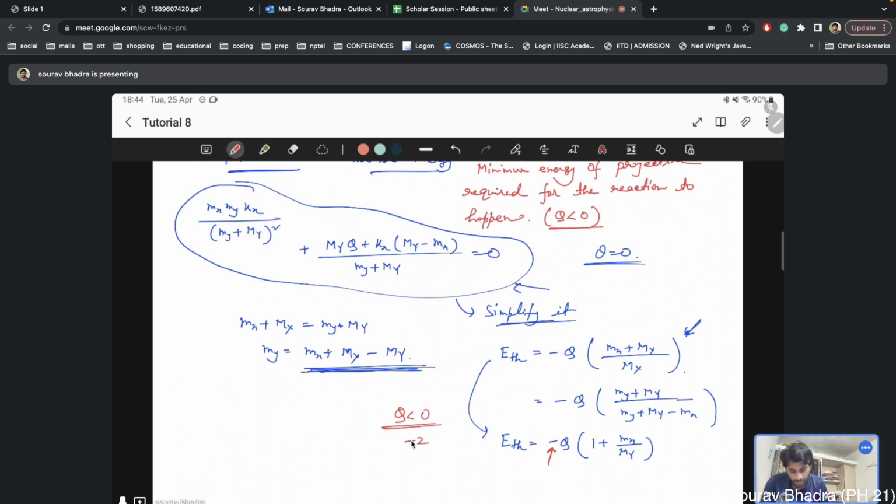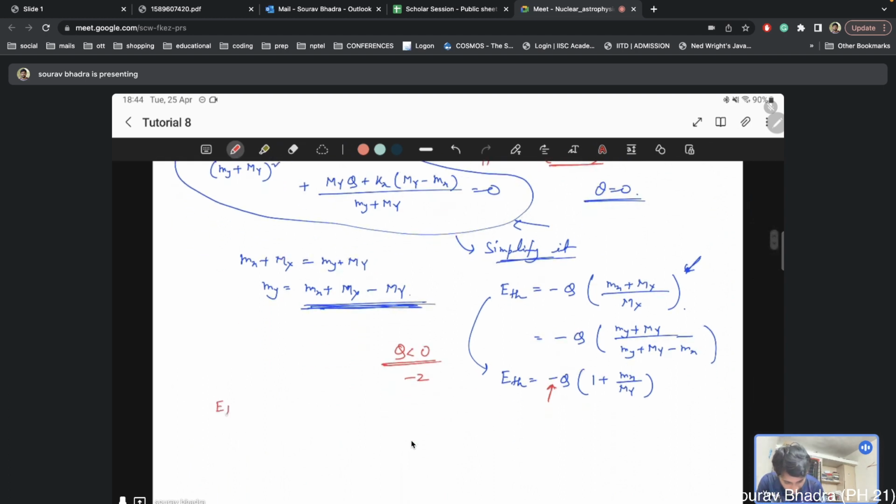Always remember that. So I will write this expression: E threshold is 1 plus the mass of the projectile by the mass of the target, that quantity multiplied by minus q.